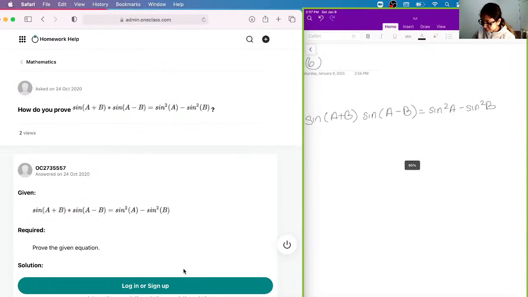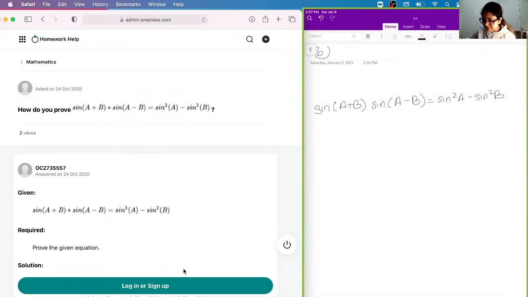Right? So we're trying to basically prove the given equation, that the left hand side equals the right side.